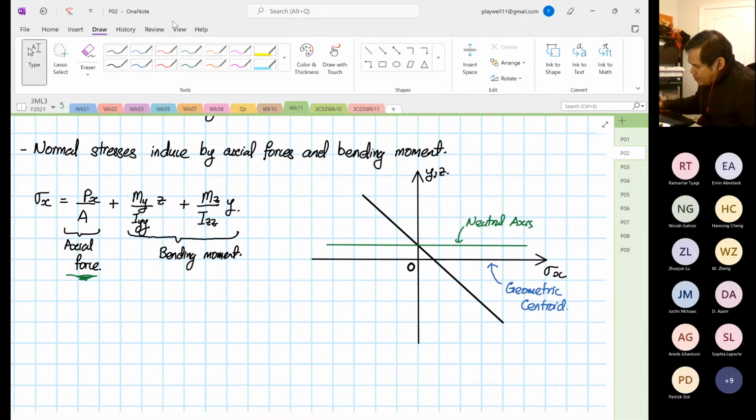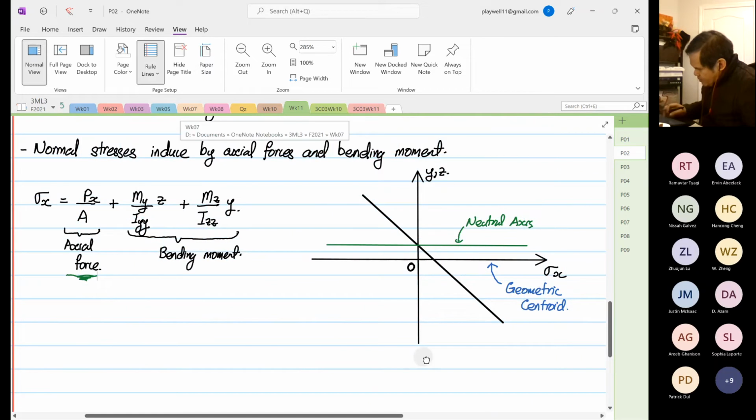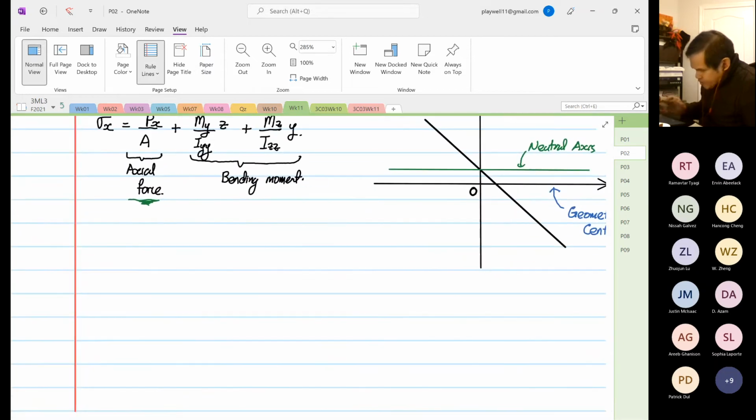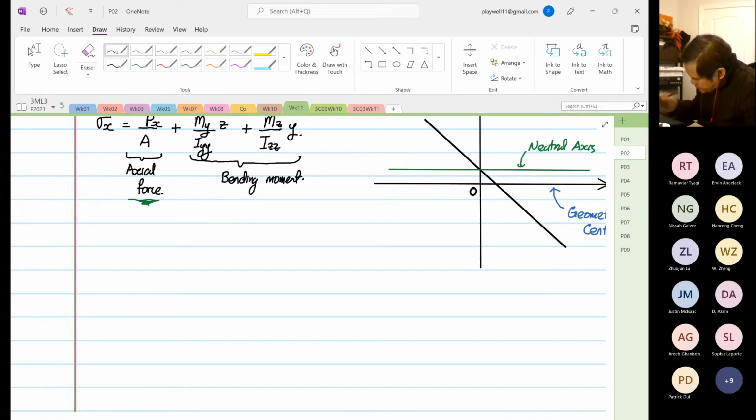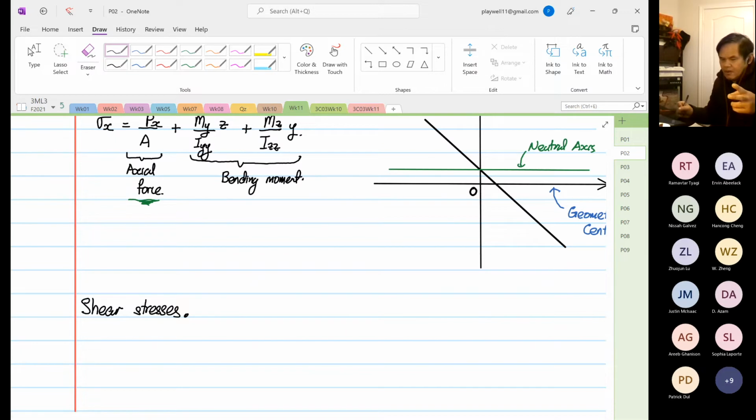Then we are going to combine shearing stress. Okay. And there are two ways that the shearing stress can be generated.